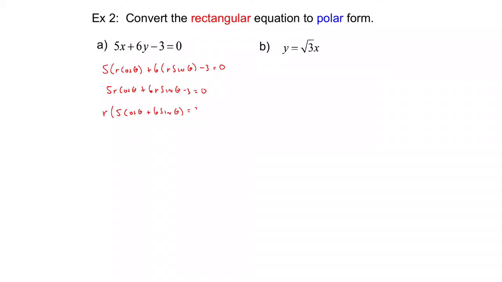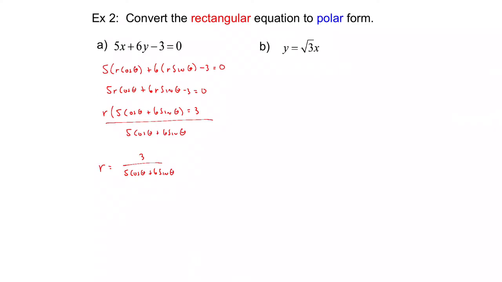Now I'm going to add that 3 to the other side, because to isolate the r, we're going to have to divide by that entire quantity, 5 cosine of theta plus 6 sine of theta. So that'll give us r is equal to 3 divided by 5 cosine of theta plus 6 sine of theta.